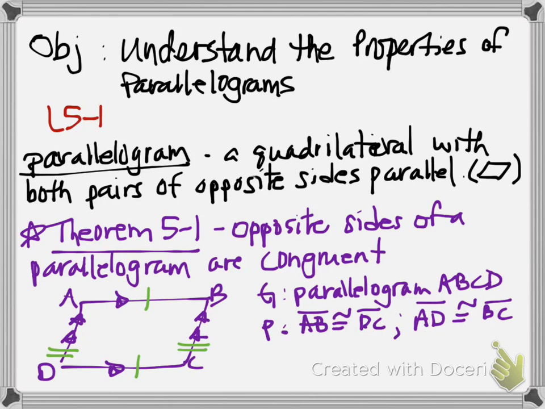And you might see it written as segment AD and segment CB orientation, but that's fine. Okay, so we'd be able to conclude: if you have a parallelogram, then the opposite sides are congruent. So we could write it as a conditional statement if we wanted to. So we're going to go ahead and do a proof of this one. And again, because we've just come off of a chapter on triangles and their congruence and taken stuff from them, we're going to use that in our proof. Everybody good to go?